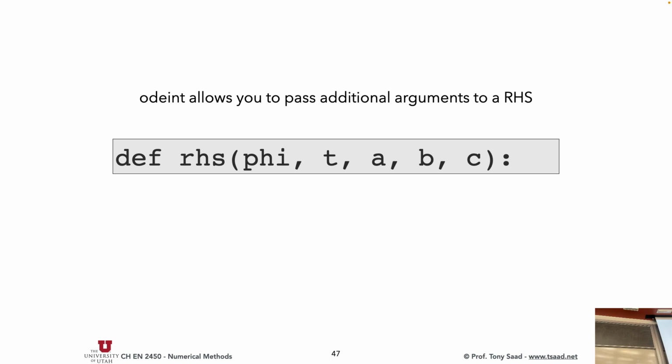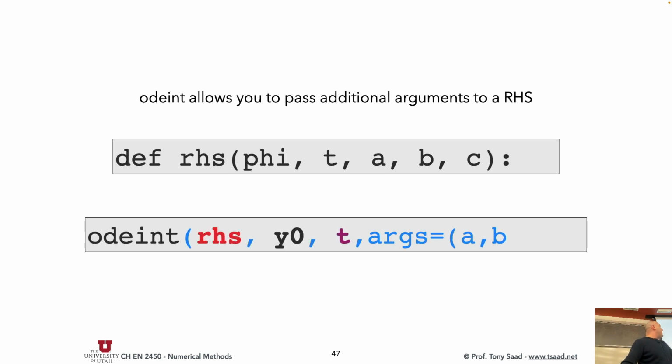And then you can put as many remaining arguments as you like. Those could be heat transfer coefficient, T infinity, emissivity, a bunch of other parameters, the length of the lobster, the diameter, the mass of it, and so on. You could pass however many arguments you want. ODEint allows you to do that.